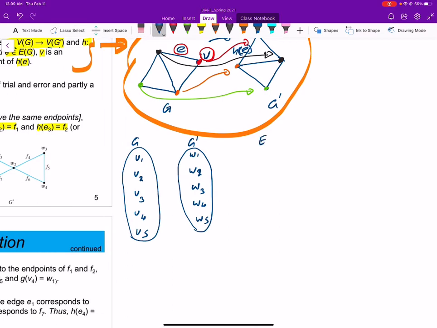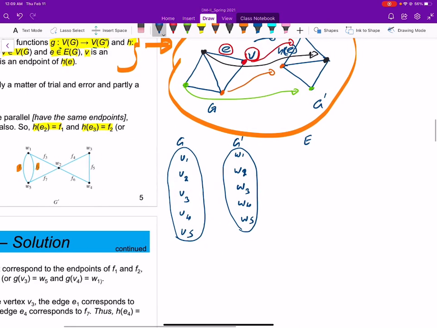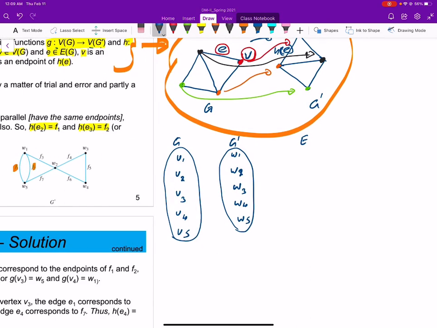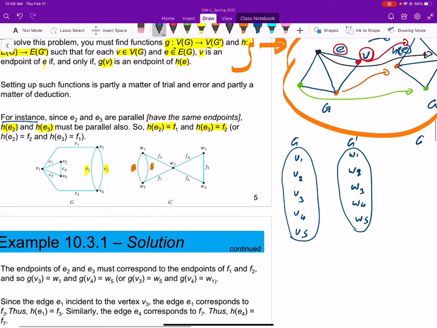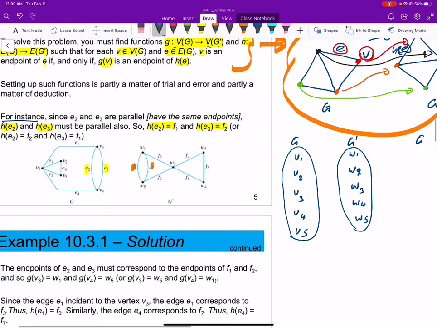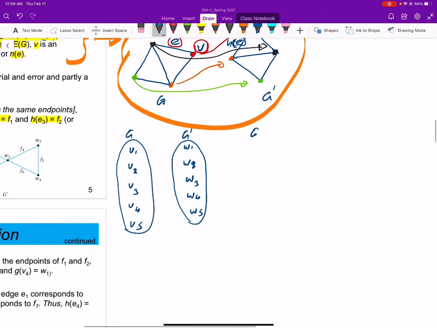This is the edge set in G. Edges are E1 up to E7: E1, E2, E3, E4, E5, E6, E7.